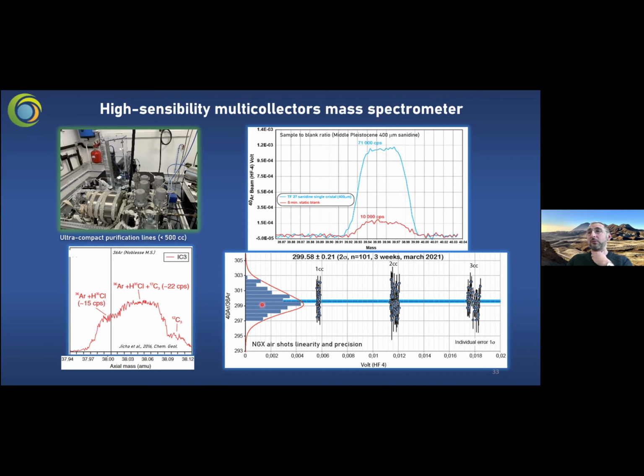And one of the powers of these machines is that they are very stable in terms of 40-36 ratio for the mass bias corrections, and also to calculate the quantity of radiogenic argon. So very stable. You can measure very small beams precisely. So it's really a revolution for us.